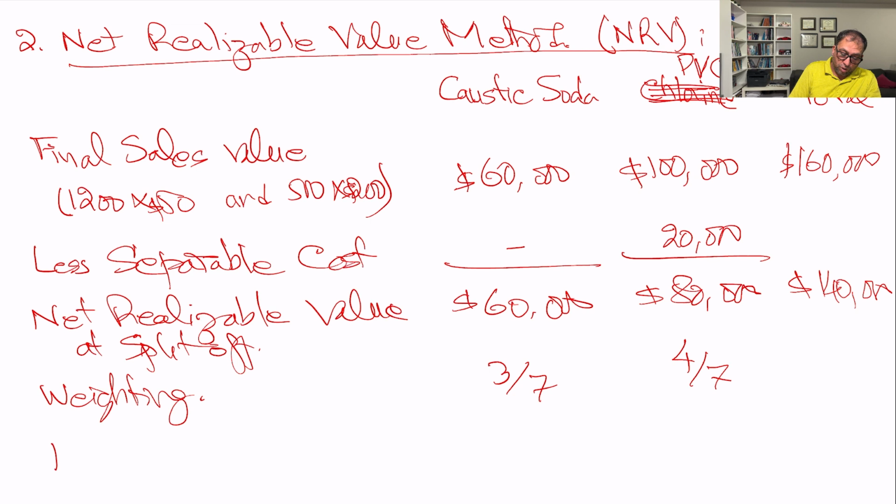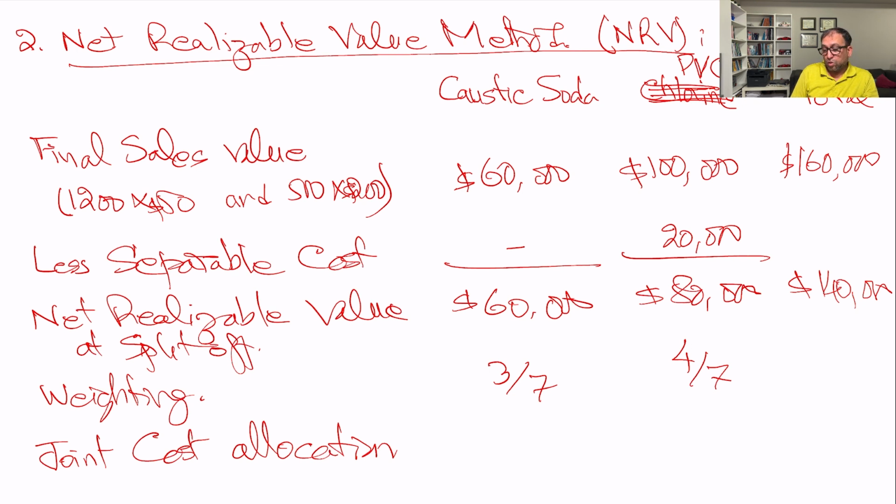Then the joint cost allocation: if we divide it on the basis of 3/7 into 100,000, we get 42,857 and 57,143, and the total is going to be $100,000.